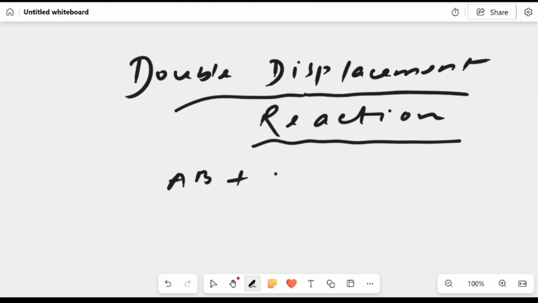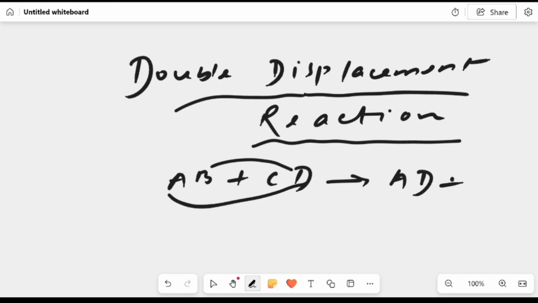AB plus CD. Here A combines with D and B combines with C. So there's a double displacement reaction, AD plus BC. That's the formation here.